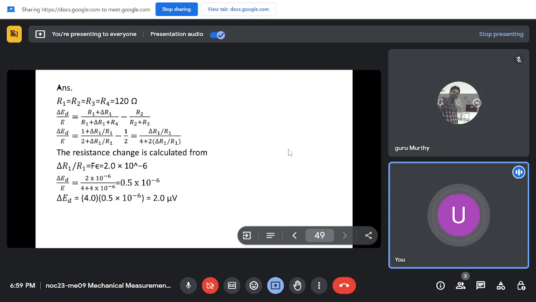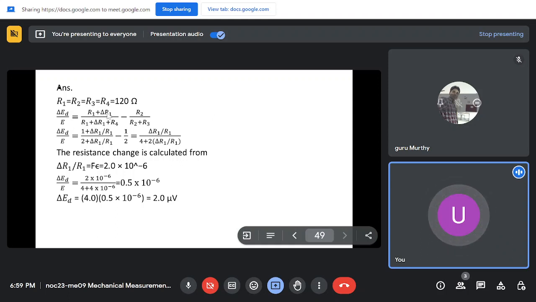E is the difference in the voltages. If you take the half bridge voltage from the resistances based on the currents, we calculate that it will be R1 by R1 plus R4 for the two resistances, and the other will be R2 by the other two resistances. So here, R1 is the strain gauge resistance.